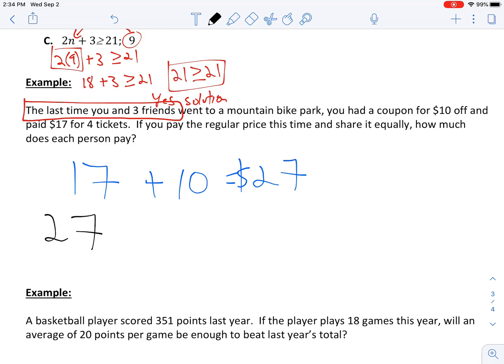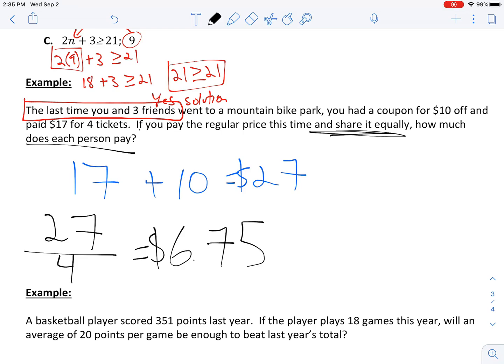And the question's asking, if you pay regular price this time and share equally, how much does each person pay? Well, you have $27. There are 4 of you total. When you divide your 27 by 4, you get $6.75. So that's what each one of you will pay full price to get into that park.